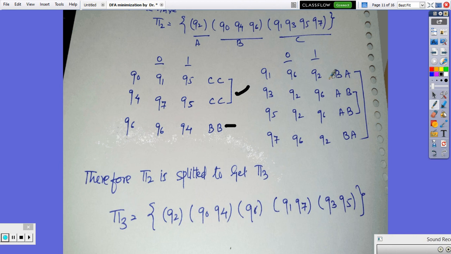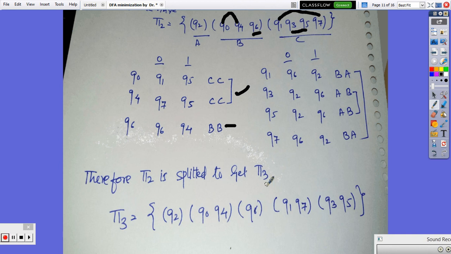Likewise, when we find this transition, we find that this is BA, BA, so this should be kept together. If you see here, Q3 and Q5 should be in one set, whereas Q1 and Q7 should be in the other set, meaning this set is to be further split. Similarly, in this set we have identified that this should be kept together and this should be split.